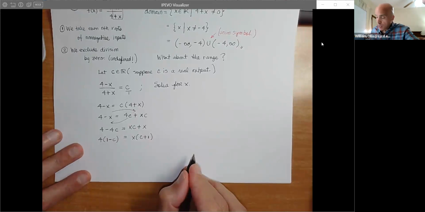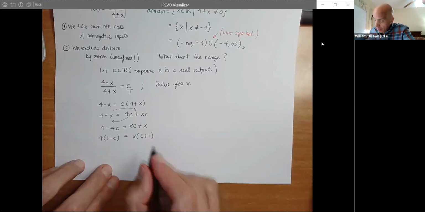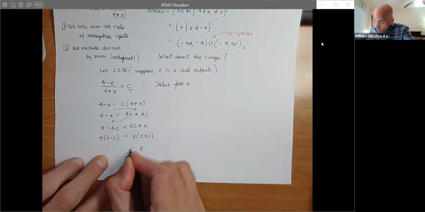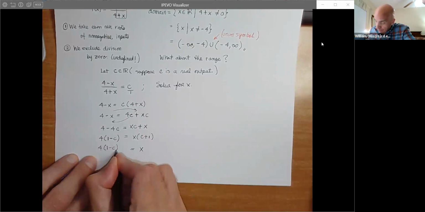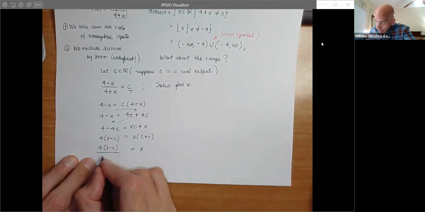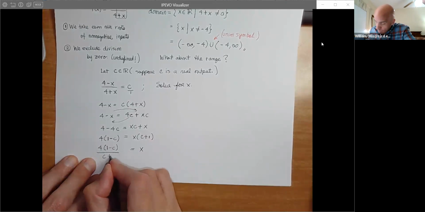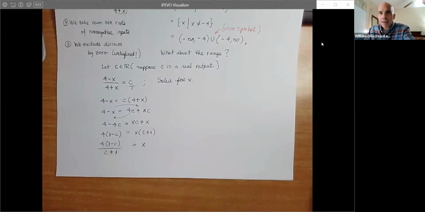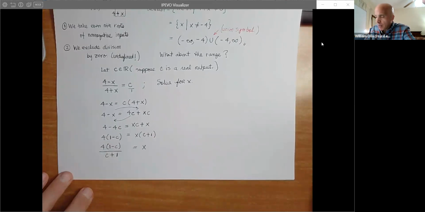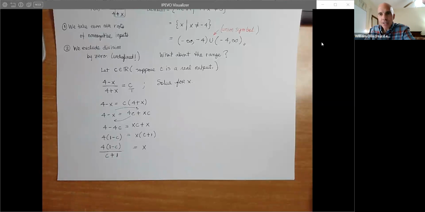Okay? So now we can actually solve for x. x equals 4 times (1 minus c) divided by (c plus 1). Okay? Now, when we look at this, this basically gives us the value for x that will map into c.